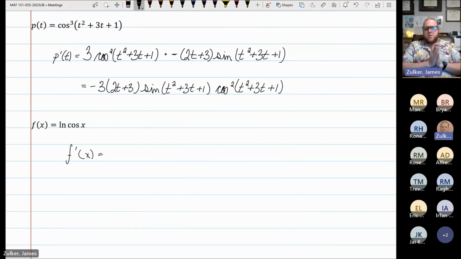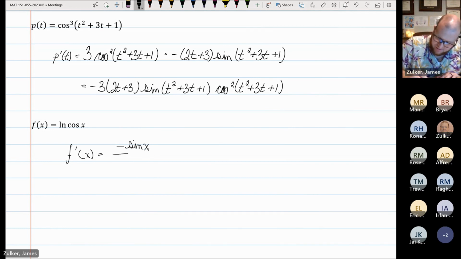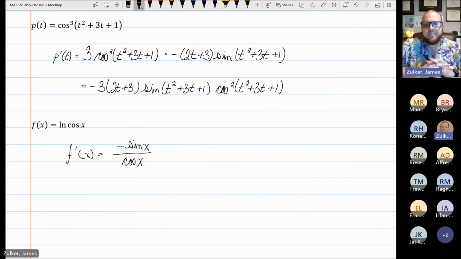U prime, derivative of cosine, negative sine, okay, then over u. Now this can be simplified as a negative tangent of x.